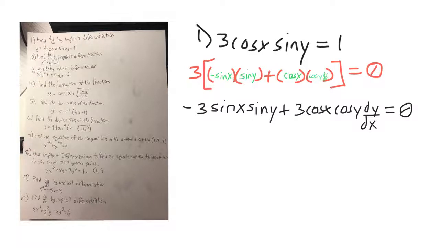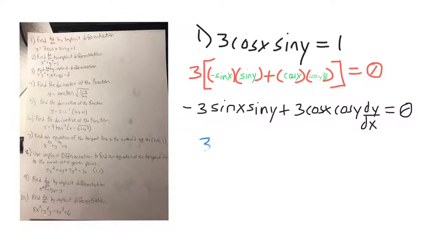Now, mental note, sine x and sine y, I can't just call this like a sine squared something because the actual angles that are being signed right now are different. All right, same with the cosine. Either way, this is the term that features the dy dx in it, so we're going to isolate that, and we're going to do so by adding the negative 3 sine x sine y to both sides.